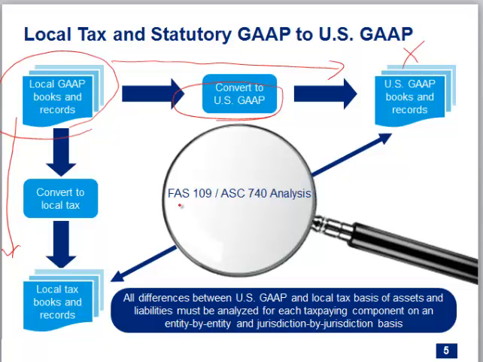Now, the key is that when you're doing a US GAAP provision, you care that this is your starting point. This is your ending point. Everything in between you care about, but not really how many steps are in between.